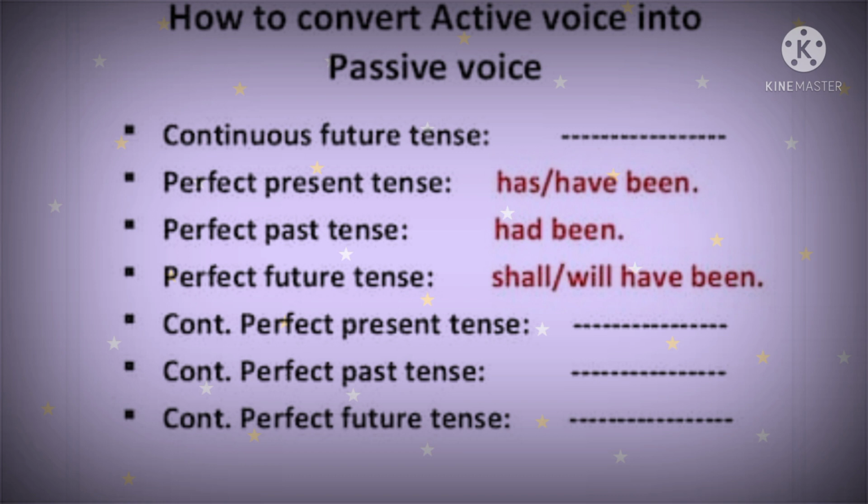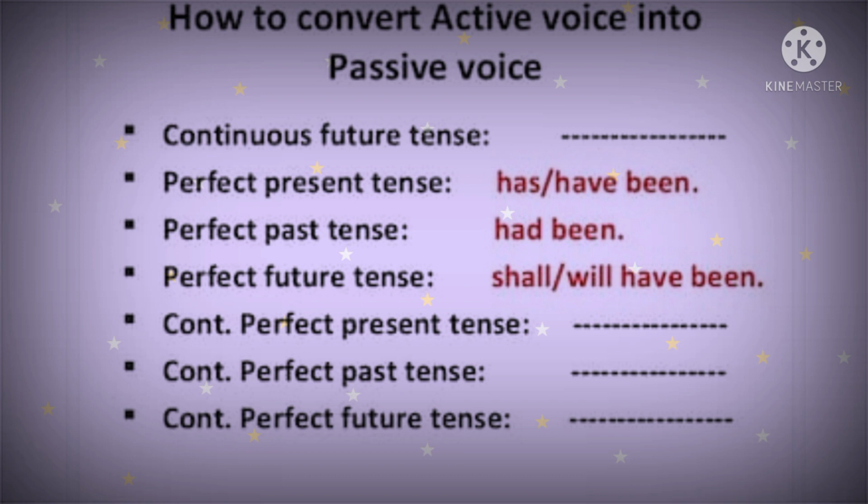Actually, this been is used in perfect tenses, and past perfect is had been, future perfect is will or shall plus have been. Present perfect continuous, past perfect continuous and future perfect continuous do not have a passive form. So which are the tenses which do not have passive form? Future continuous, then all the perfect continuous tenses.